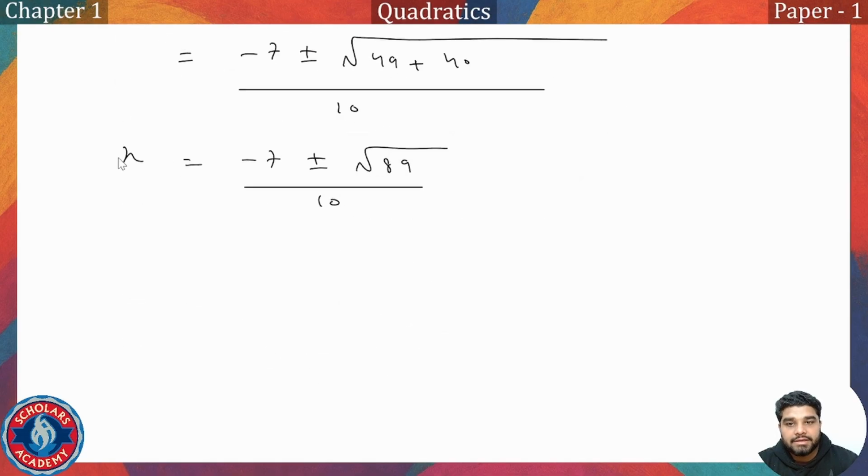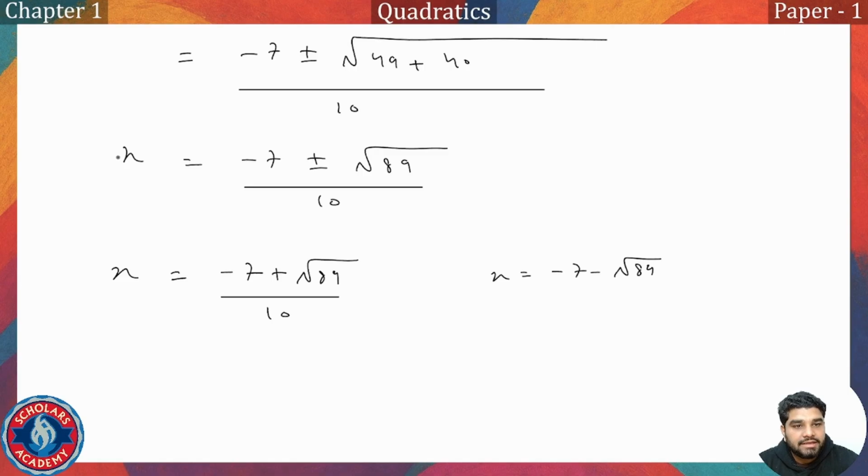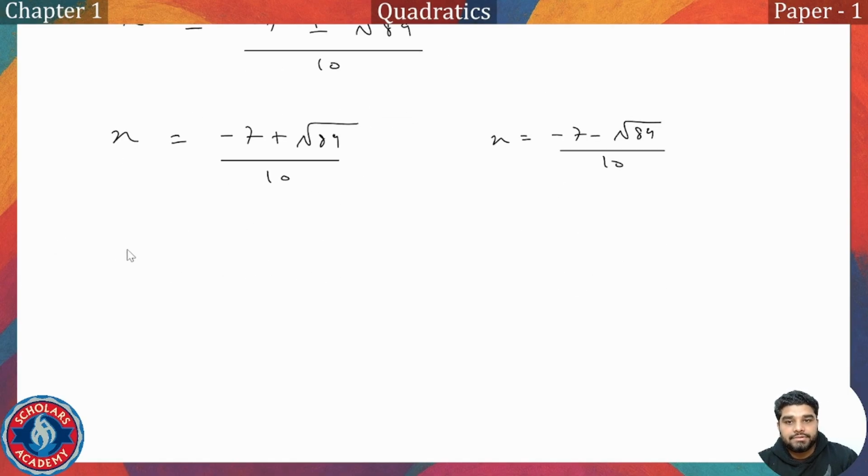So one value we get x is equal to -7 plus root of 89 by 10. Another value we get x is equal to -7 minus root of 89 by 10. Right? So the answer for this is x is equal to 0.24, and x is equal to -1.64.